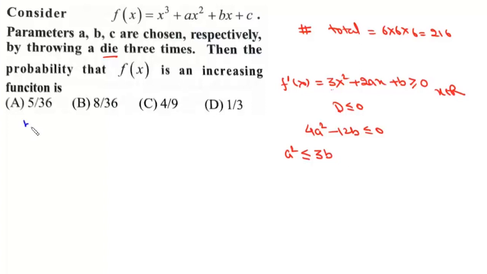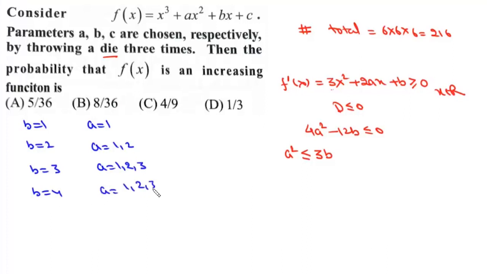Now if we take b as 1, then value of a can be 1. Now if we take b as 2, we can take the value 1 and 2. If b is 3, then a can take the value 1, 2 and 3. If b is 4, again it will be 1, 2, 3. If b is 5, again we'll have 1, 2, 3.